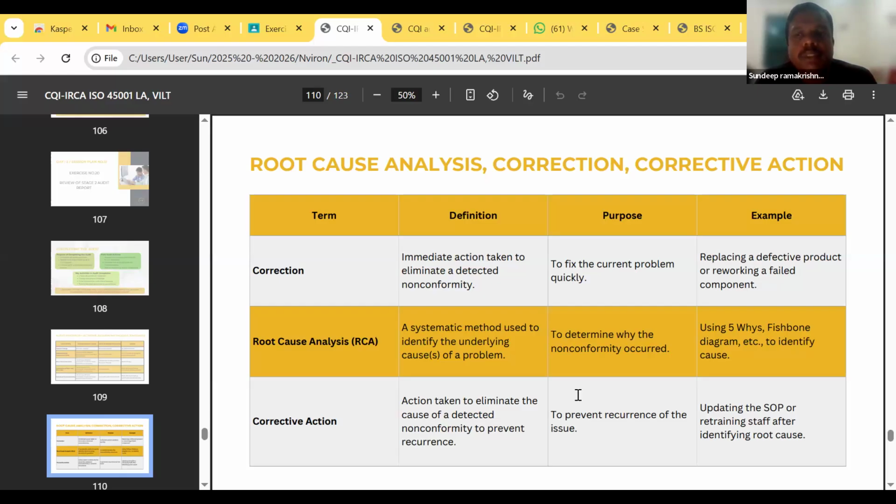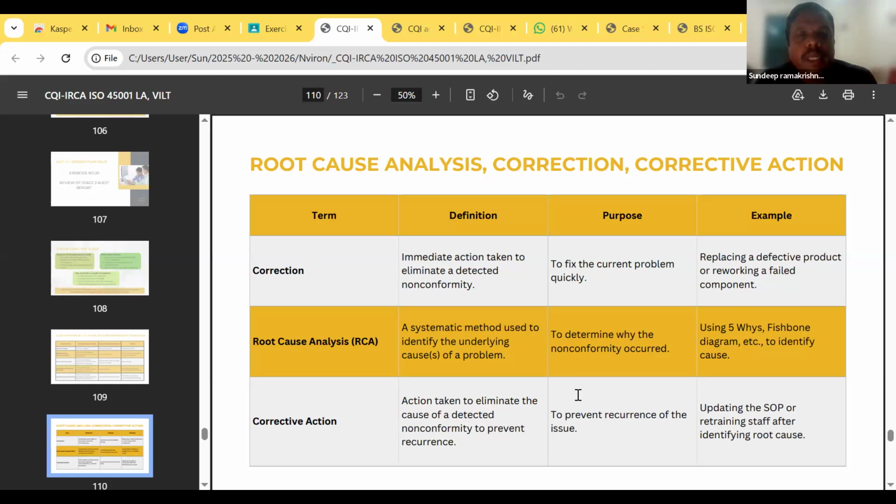That is the purpose. So you can do a 5 why analysis or fishbone diagram to identify the root cause of any problem, right? So once the root cause analysis is done using a 5 why or a fishbone diagram, you will come up with the exact cause why the problem occurred.